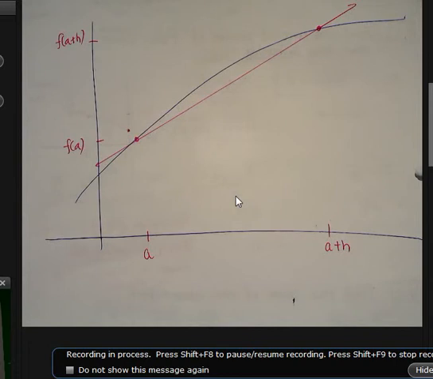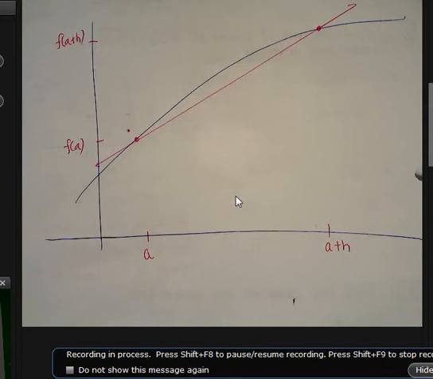All right. Now what if? This is a secant, right? But there's another type of line. The tangent line. What's a tangent line? It only touches the curve at 1 point.